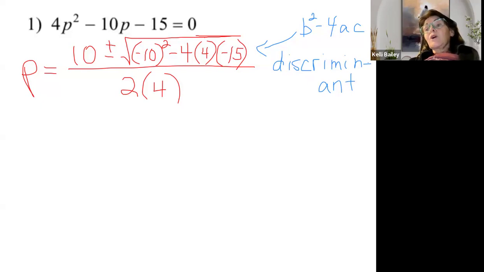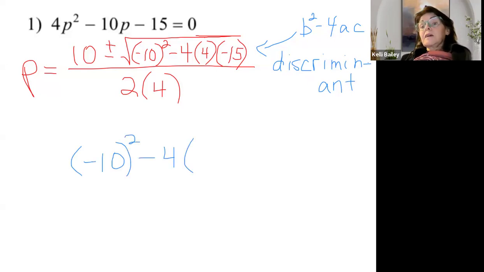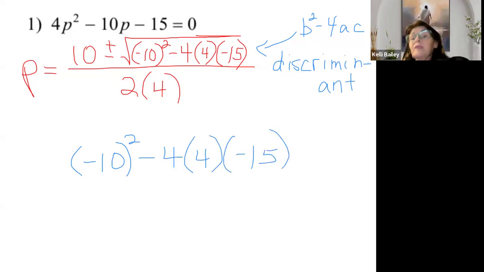So that's the first part we're going to find. We're going to figure out what negative 10 squared minus 4 times 4 times negative 15 is. You can plug that right into your calculator, and if you do, leave all the parentheses there, and it's going to work out great. I'm going to do the math. Negative 10 squared is 100.